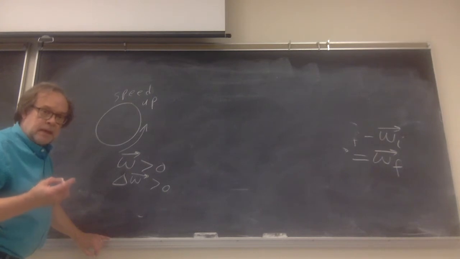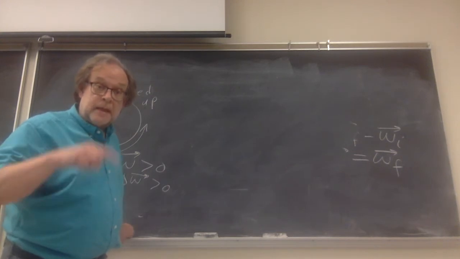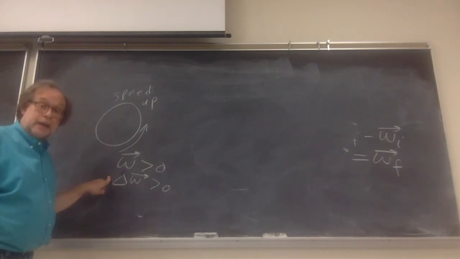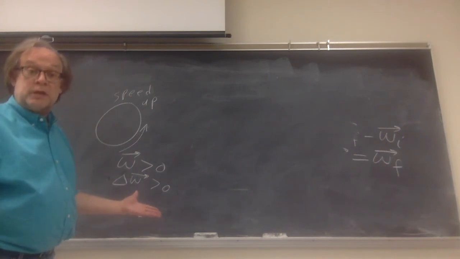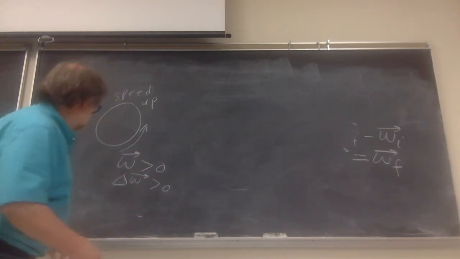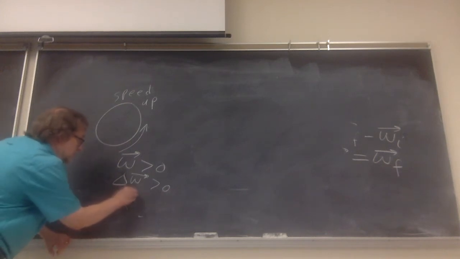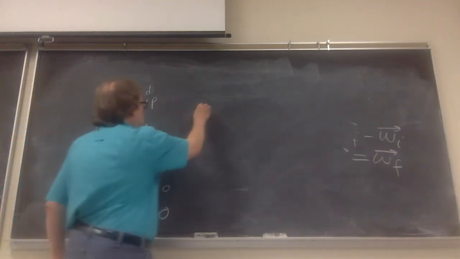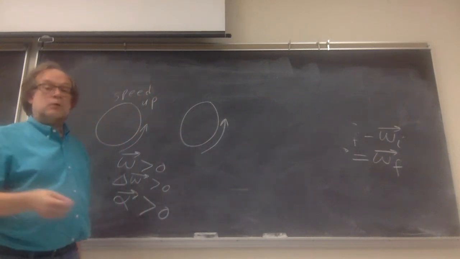But angular acceleration, just like regular meters per second acceleration, points in the same direction as the extra velocity added on. Right? Where have you heard that before? Regular meters per second acceleration points in the same direction as the extra velocity added on. So if the extra velocity added on is positive, that means the acceleration must be positive.